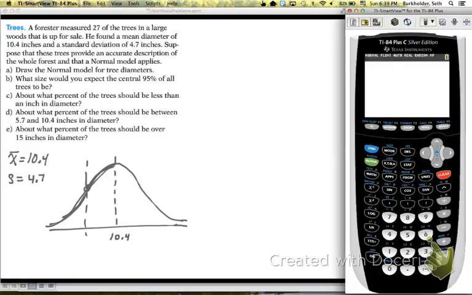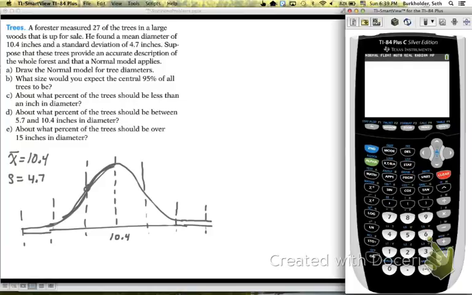So it's called a point of inflection. So we're going to move one standard deviation in both directions, and then I'll use that as kind of a ruler. 2 standard deviations will be about that far, and 3 standard deviations will be about that far. And it doesn't have to be perfect. The more you draw them, the better you get, although you can see that I'm apparently not that great at it yet. So I'm just going to move 4.7 in both directions.